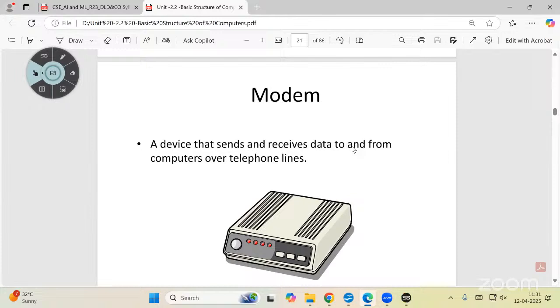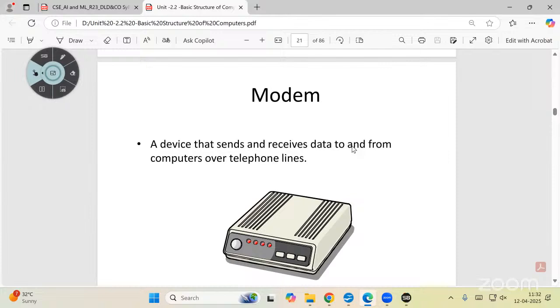How many people have a desktop computer in your homes? No one. All are laptops. Okay. For the laptop also, you connect the LAN wire, Ethernet cable, right? That Ethernet cable is connected to the modem internally. With a modem, the computer can read the data from that cable.